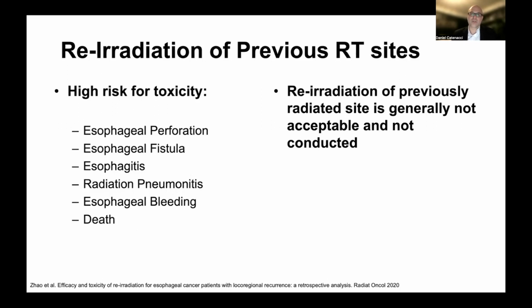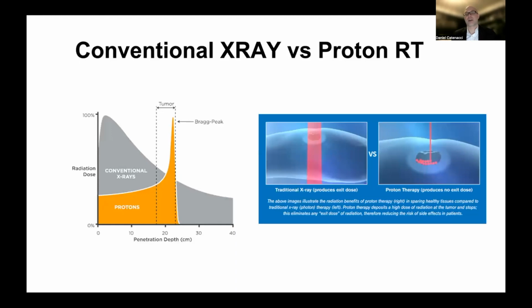But that's a good segue to the next type of radiation therapy called proton beam therapy. This figure shows the difference between conventional X-rays in gray and protons in orange. Conventional X-rays come through the tumor and right out the other end of the body, as shown in this figure. So it comes in, it radiates the tumor, but it also goes all the way through.